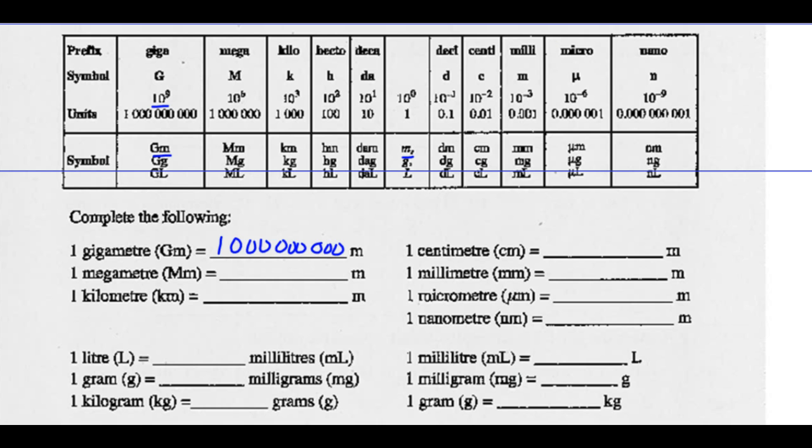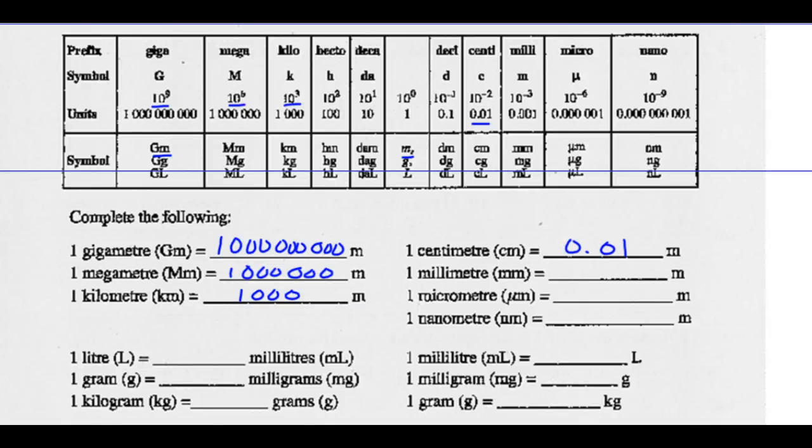1 megameter is how many meters? Well, here's a megameter, 10 to the 6th, or a million meters. And 1 kilometer we know is 10 cubed, or 1,000 meters. So 1 centimeter is how many meters? Well, now we're going the other direction. A centimeter is 0.01 of a meter, or 10 to the negative 2.